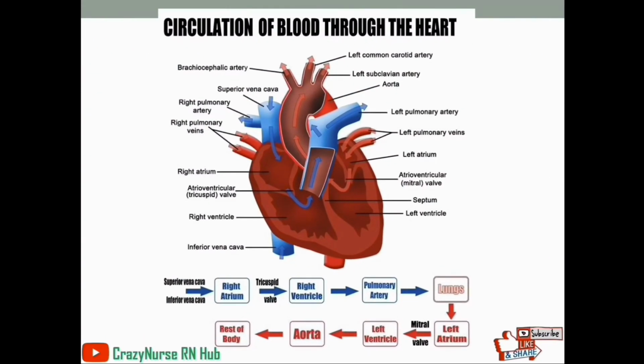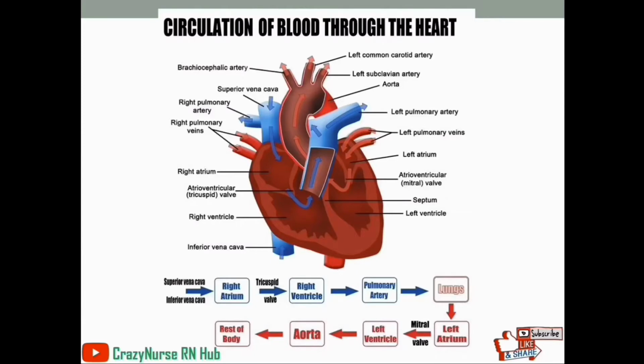Now let's discuss the circulation of blood through the heart. First, the deoxygenated blood will enter through the superior and inferior vena cava, then it will go to your right atrium, then to your tricuspid valve, then to your right ventricle. Then it goes to your pulmonary artery, then to your lungs to be oxygenated.